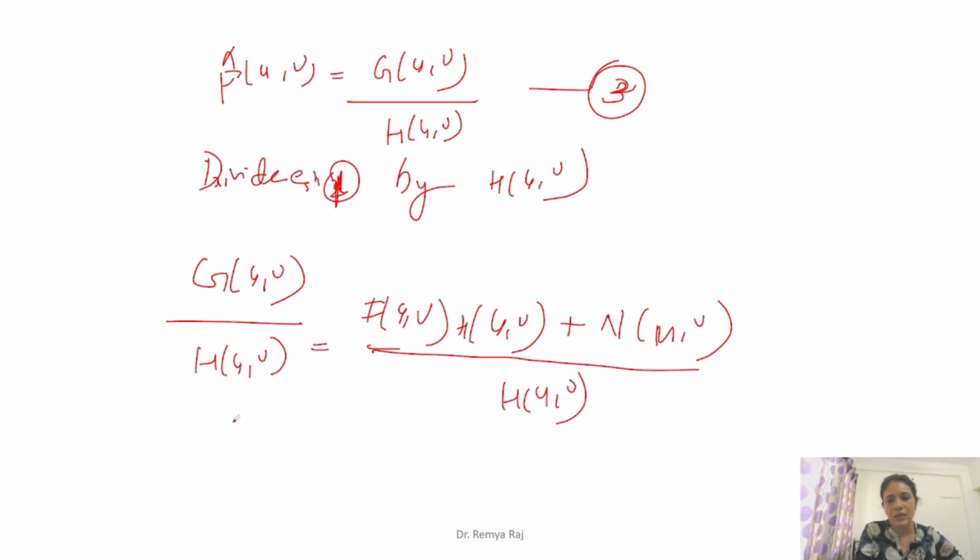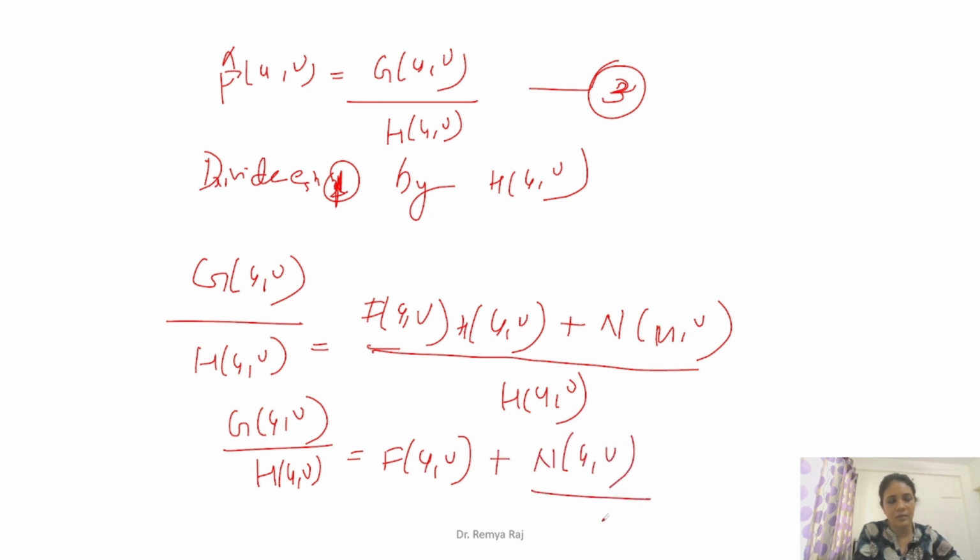So what am I getting? g of u comma v divided by h of u comma v equal to f of u comma v plus n of u comma v divided by h of u comma v, right?